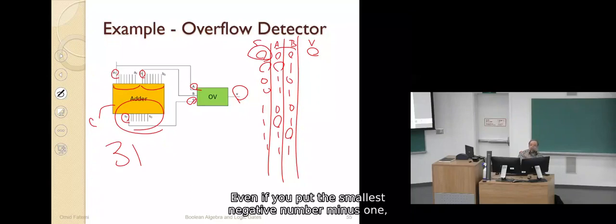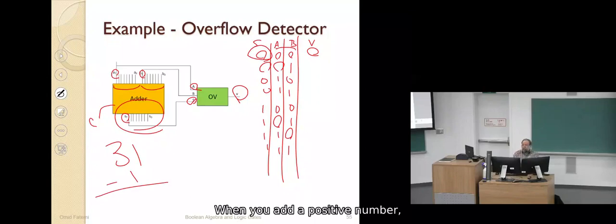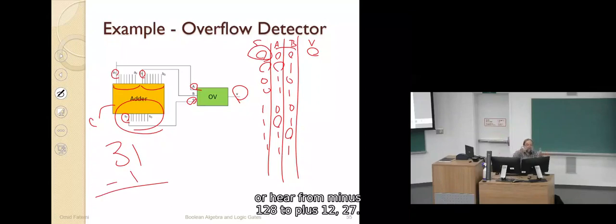Even if you put the smallest negative number, -1, when you add them together, you get 30. So you don't get overflow. Is that right? When you add a positive number and a negative number, you never get overflow. Again, the result would be in the range of -32 to +31 in my case, or here from -128 to +127.